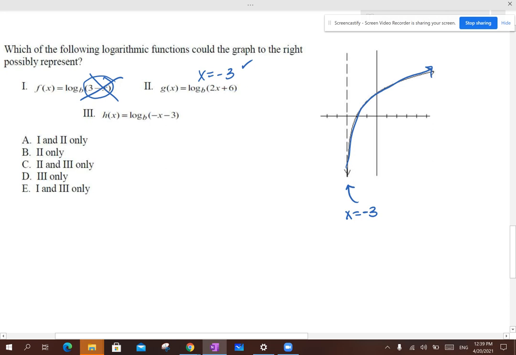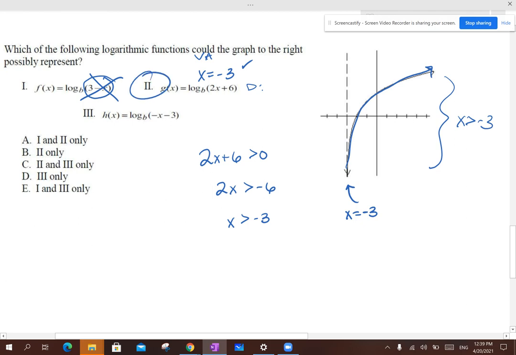So not only do we have to make sure the vertical asymptote is right, we have to look at the domain. So I'm going to go 2x plus 6 is greater than 0. So I get 2x is greater than negative 6, x is greater than negative 3, and this domain is x is greater than negative 3. So far 2 is good.